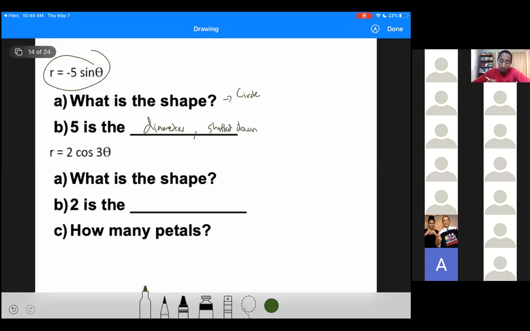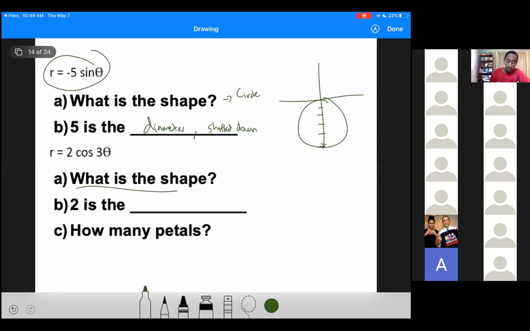Because it's sine, so it goes down, and it's negative, so it goes up. Okay, good. So if we were to draw that, we would know, okay, it shifted down, it's a circle, and 1, 2, 3, 4, 5. That would be kind of a general shape of what it would look like.